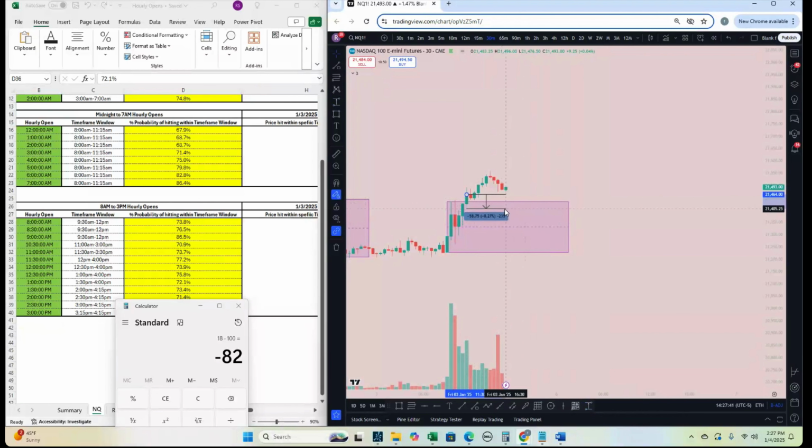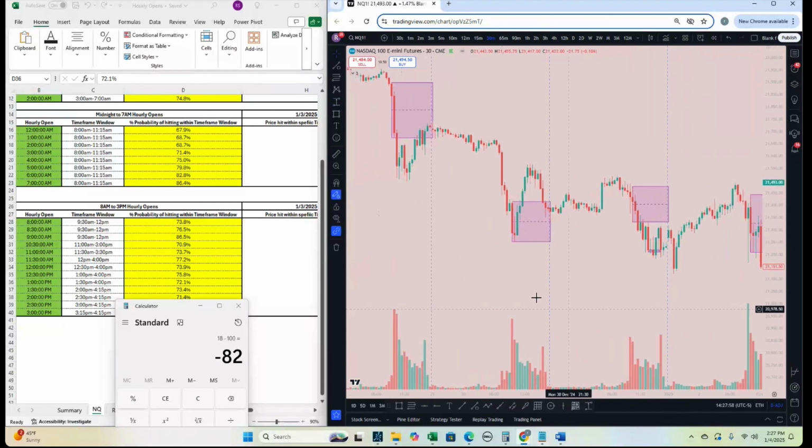Really 0.15 to 0.3, but 0.3 is like my stop out. But I'm expecting us to go close to 0.5. Did we go 0.5? We went 0.4, I think. Yeah, 0.4. So statistically, that works in my favor.